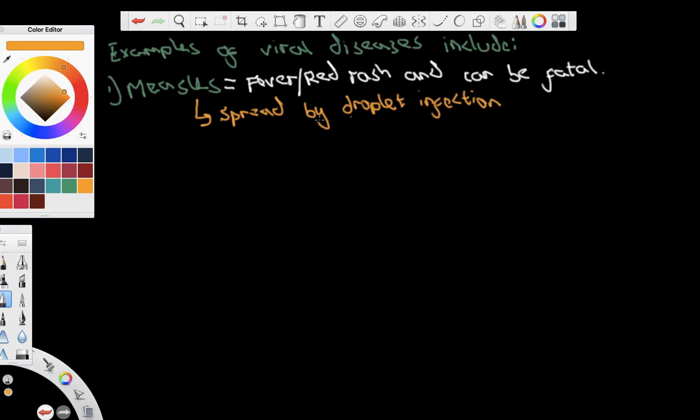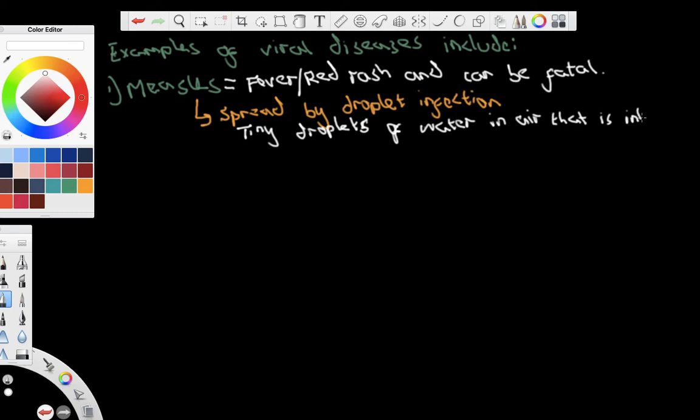So when we mean droplet infection, what we're saying is that there are tiny droplets of water in the air that is inhaled. So you inhale these droplets of water that contain the measles virus and therefore you catch it.